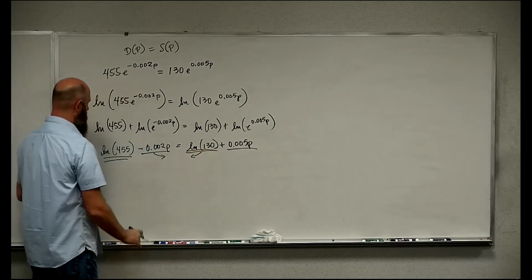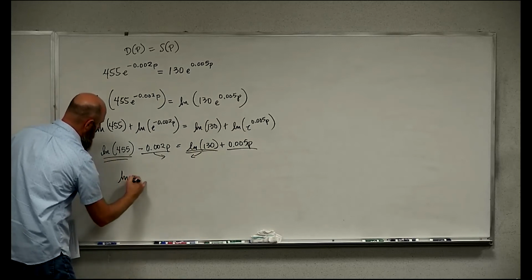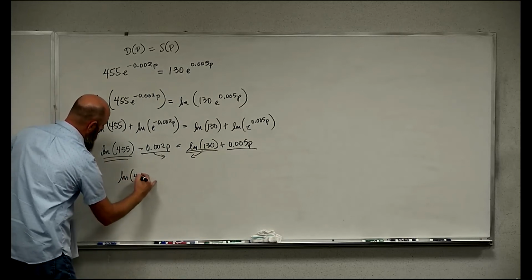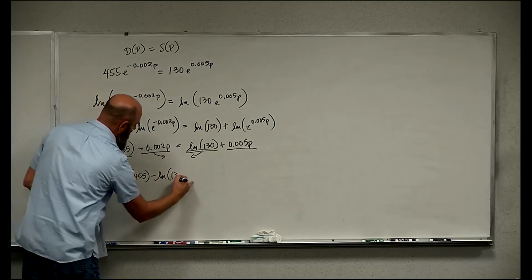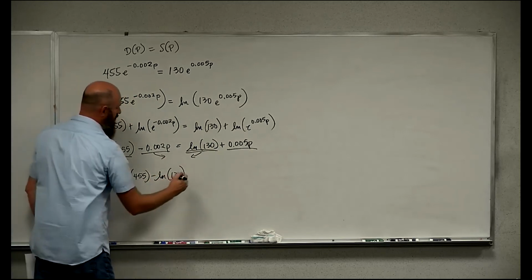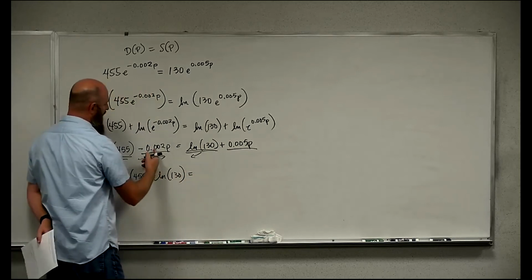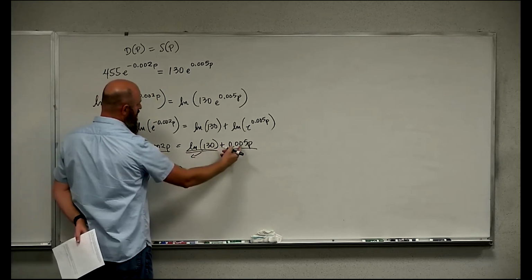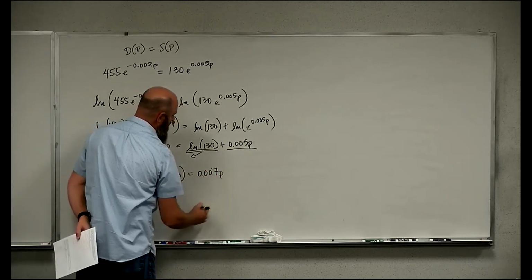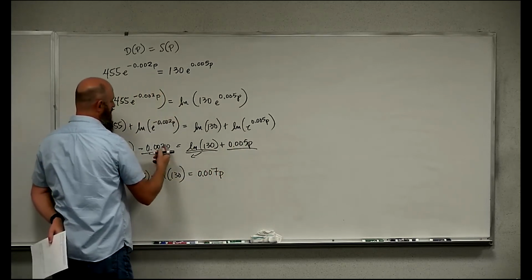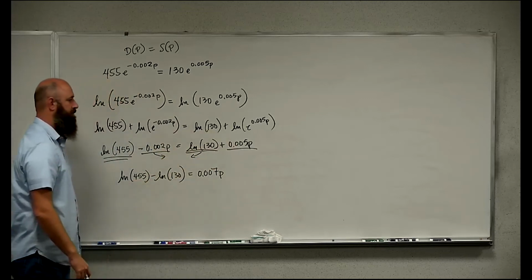So on this side I'm going to have ln of 455 minus ln of 130 equals, I'm going to add 0.002 to 0.005 and get 0.007p, because I added the 0.2 to the 0.5.